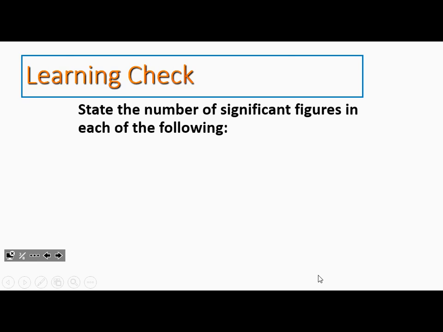Okay, here we are, Chloe. State the number of significant figures in each of the following. How many right there? 2 sig figs, excellent. Callie, how many right here? 4 sig figs, excellent.